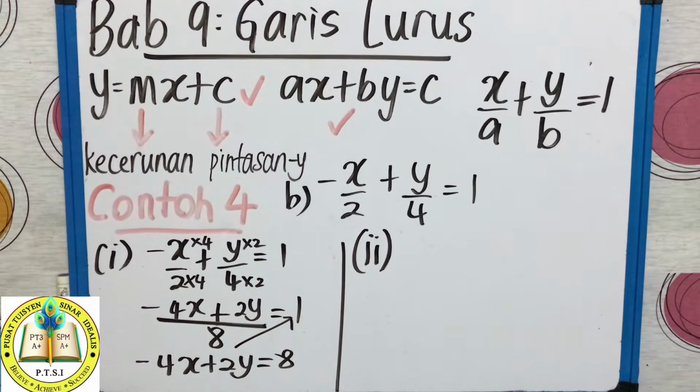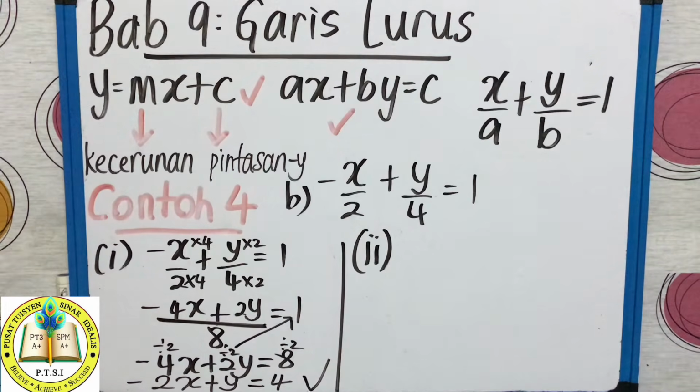You must give it in the simplest form. Negative 4x plus 2y equal 8. Kamu boleh kecilkan. So, how to kecilkan? Divide 2, divide 2, divide 2. So, you will get negative 2x plus y equal 4.